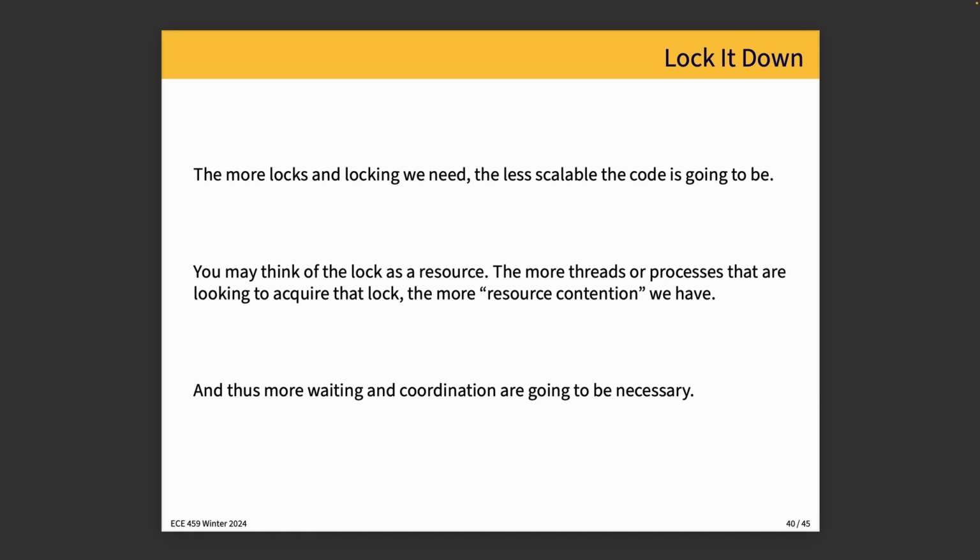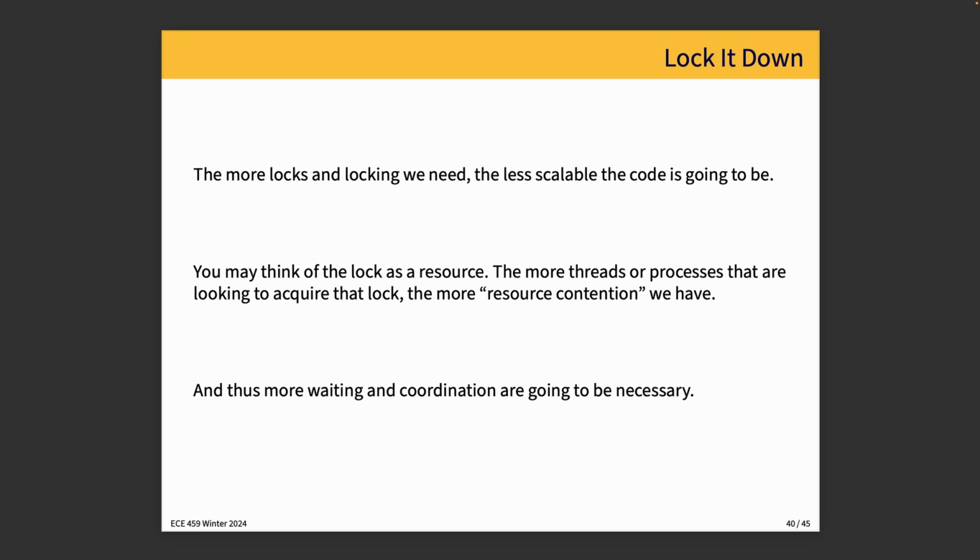But the more threads or processes that are trying to acquire that lock, the more resource contention we have. And contention in this sense just means that, hey, we want this resource, someone else wants it as well. Chances are someone is going to be forced to wait at some point, and waiting is getting us farther from the goal. We want to do more stuff, we want to get work done, and waiting isn't ideal.